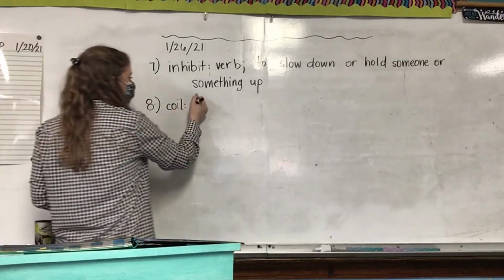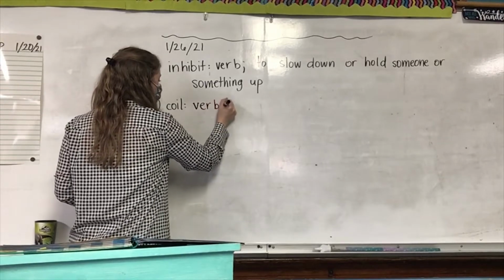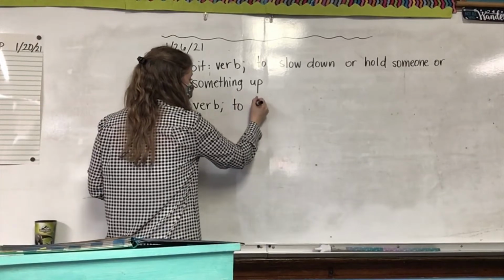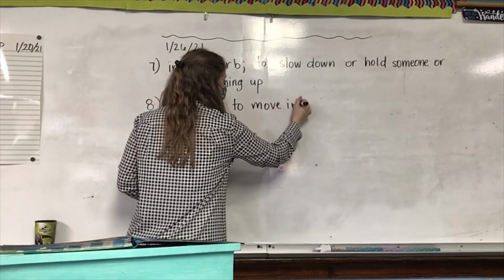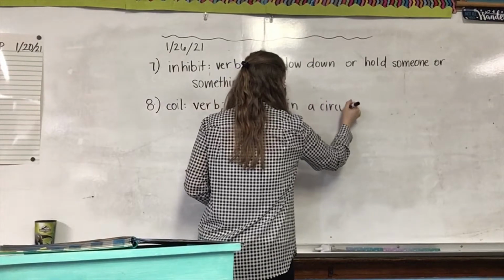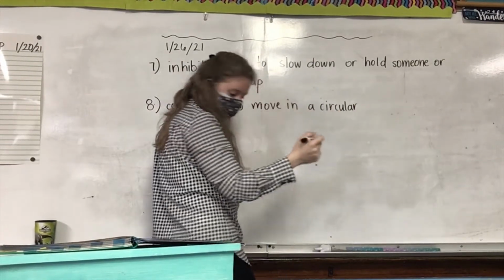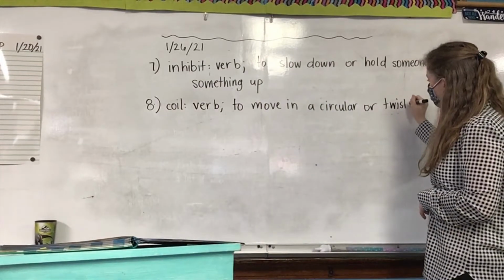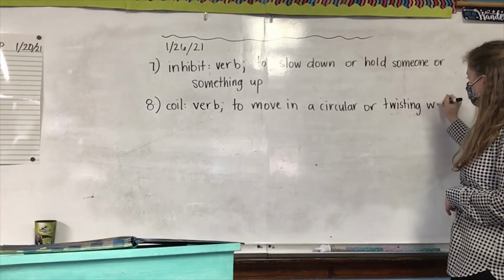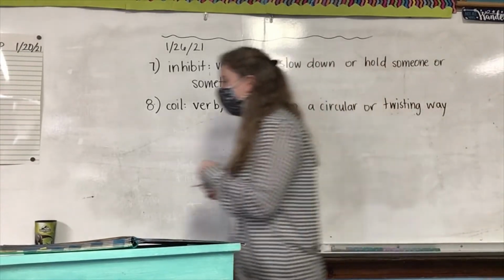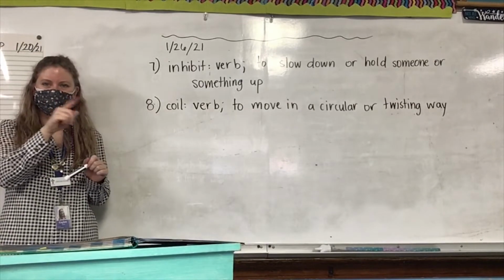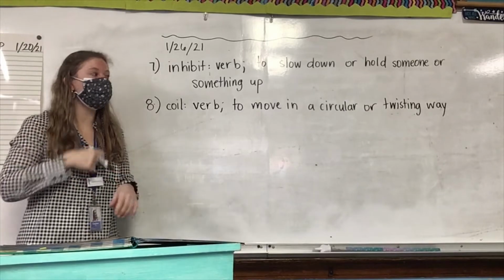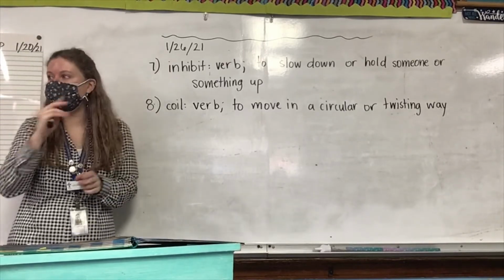But in this case, we're using it as a verb, which means to move in a circular or twisting way. So we know a coil is something that is circular and twisted, kind of like a spiral. So to coil is a verb, meaning you move in a circular or twisting or spiral way.